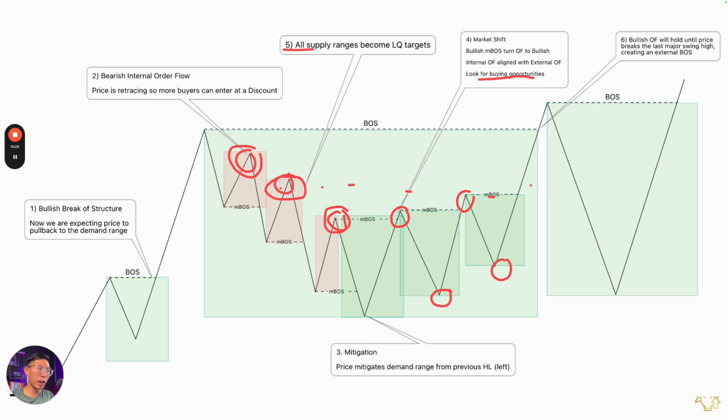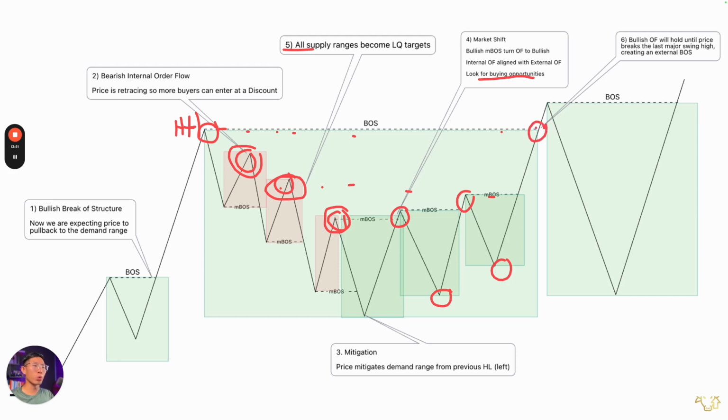What I mean is that in order for price to create another higher high in an uptrend, price has to break through the last high, and this is the last higher high. When price has already shifted from bearish to bullish order flow, it tends to be pushed all the way up, breaking through the last high right here.